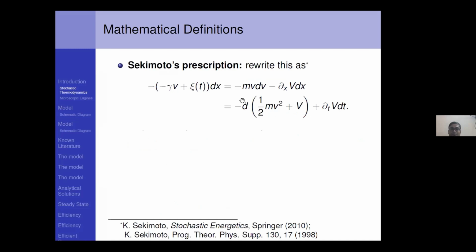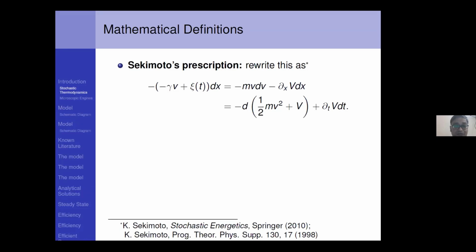So you multiply both sides by dx and then rearrange the terms. The terms can be rearranged in this way. On the left-hand side, we have minus gamma v plus xi(t), and these are the forces generated by the collision of the Brownian particle with the surrounding molecules. So this is the force on the particle by the surroundings, and if there is an additional minus sign, as it is here, this must be the reaction force of the particle on its surroundings.